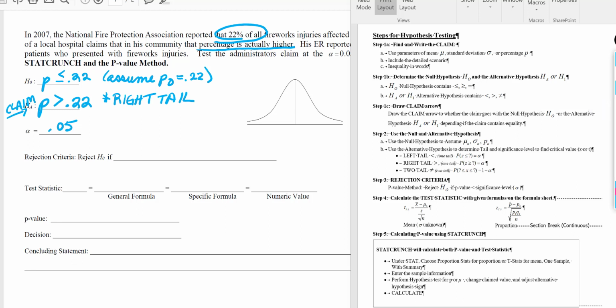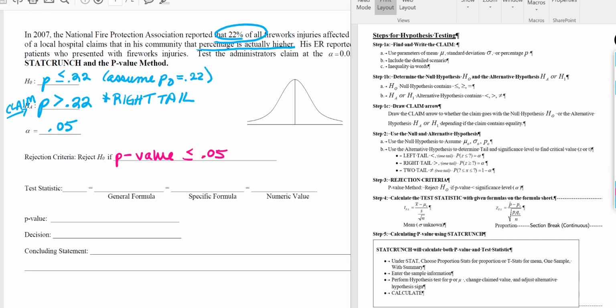For the p-value method, we reject the null if, and it's important to write p-value, not just p, the p-value is less than or equal to our significance level, which in this case is 0.05. Remember, p-value is our probability value, and if it's unusual, if it's less than or equal to 5%.